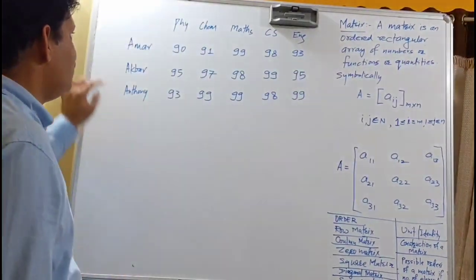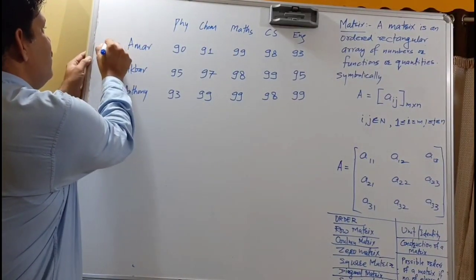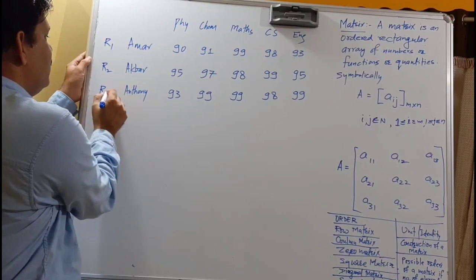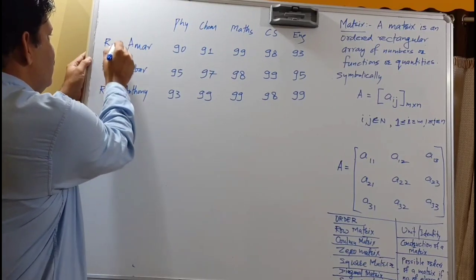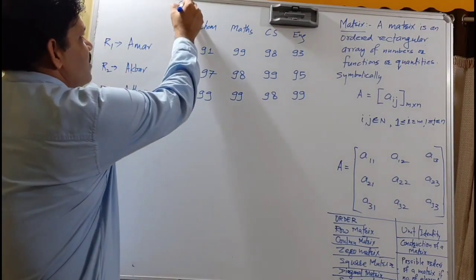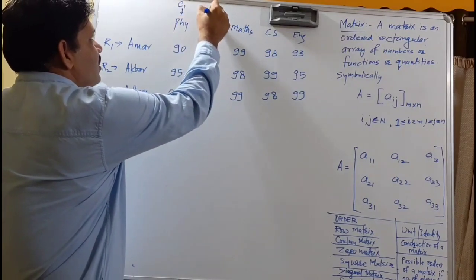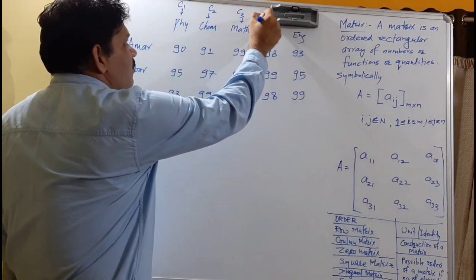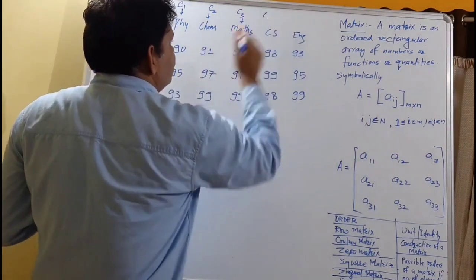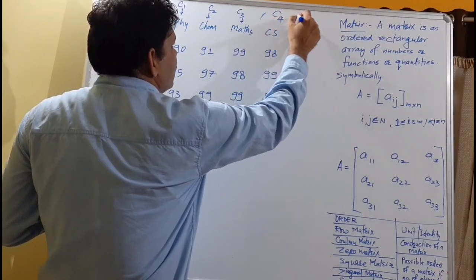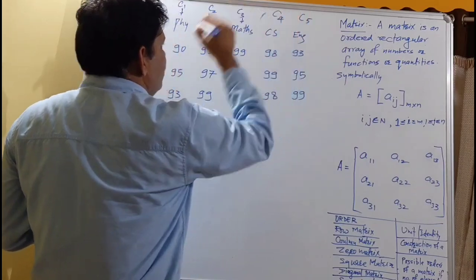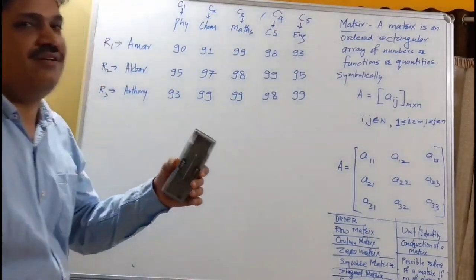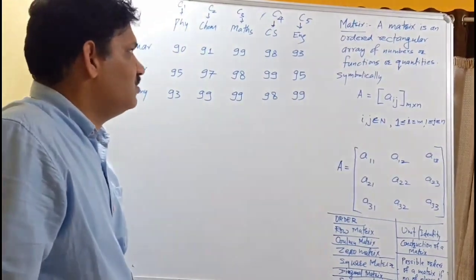So here you can see, here is first row, row 1, the second row, row 2, and the third row, row 3. And of course there is first column, then second column, third column, fourth column, and C5, fifth column. So here we have 3 rows and 5 columns.